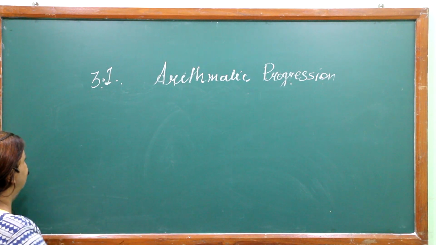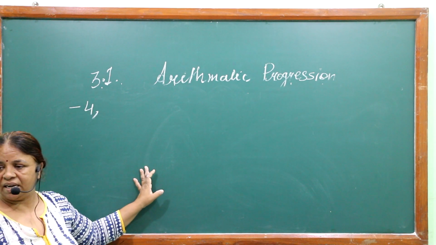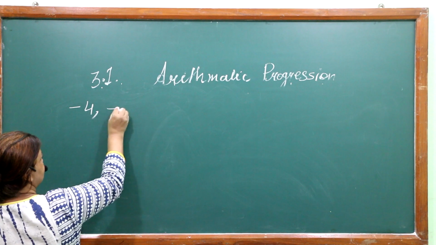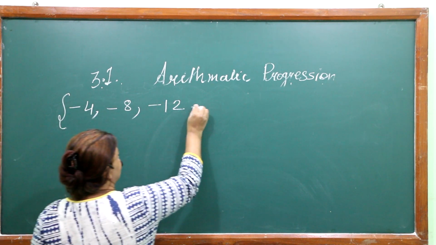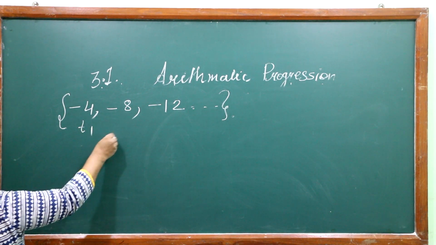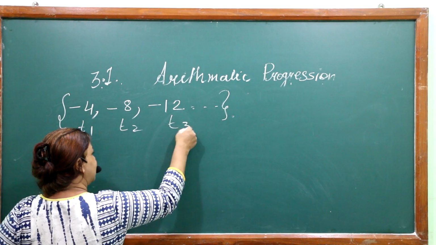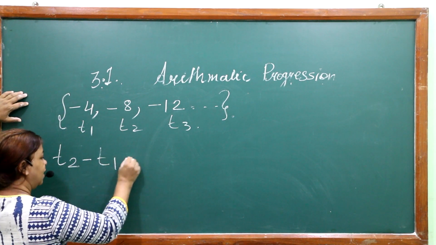Now the next sum is minus 4, minus 8, minus 12. And we want to say whether the sequence is in AP or not. This is term 1, term 2 and term 3. As usual, you will be doing T2 minus T1.